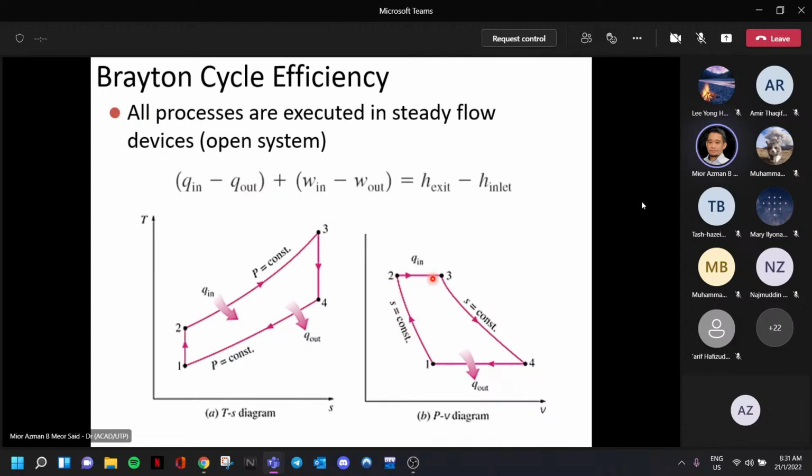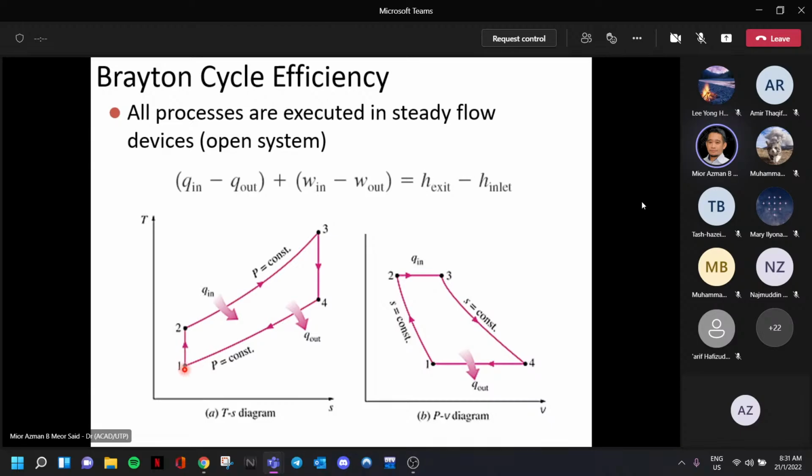And 2 to 3 is the constant pressure heat addition. So you have P2 equal to P3, a straight line here, and it will expand in the turbine, right? So this is where the work output comes from. The S is constant, delta S equal to 0, expanding until 4, and then we go back to the origin 1. So it's a constant pressure heat rejection. That's why you have a horizontal straight line over here.